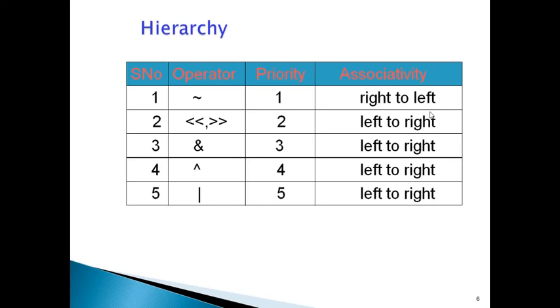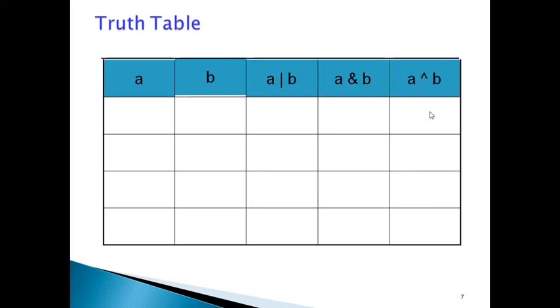While you are evaluating the expressions, the C compiler will follow these priorities. Now we will see a truth table. A, B as the inputs, operands.